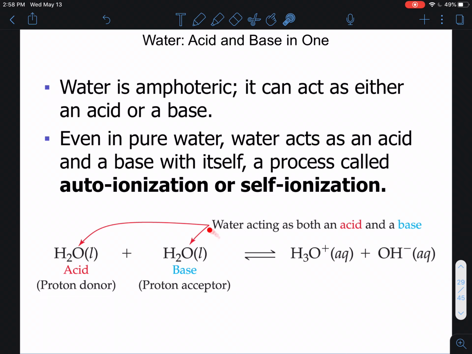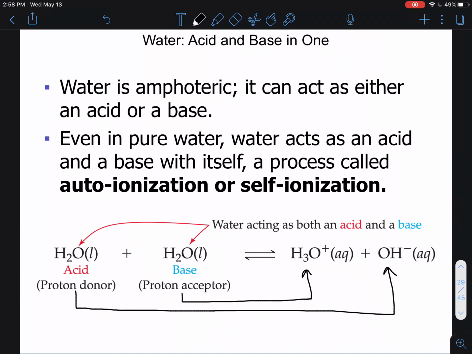It's where two water molecules interact with each other, and because of the polarity of water, all these water molecules are in close contact with each other, and there's so many of them, eventually at one point in time, one water molecule will donate a proton and form a conjugate base, and the other molecule will accept the proton and become a conjugate acid. So this is the autoionization of water. It is water by itself acting as both a base and an acid.